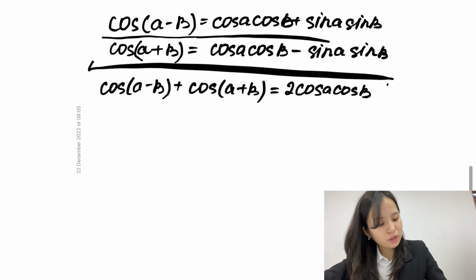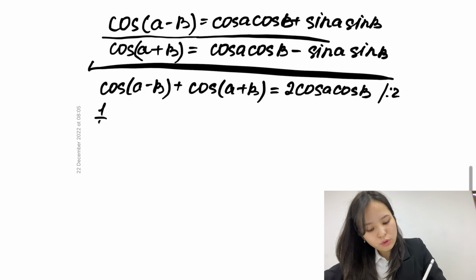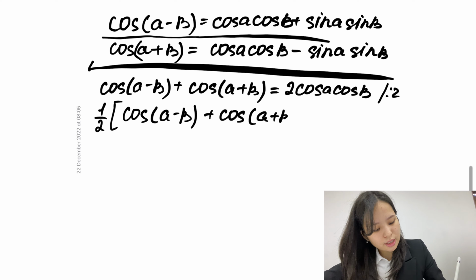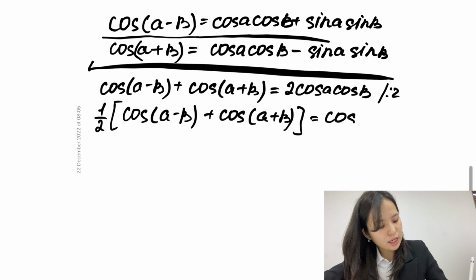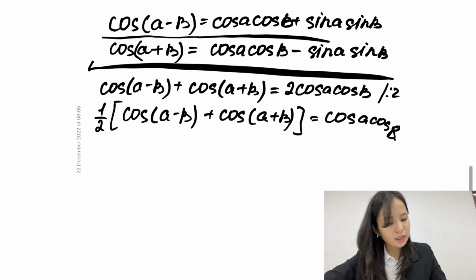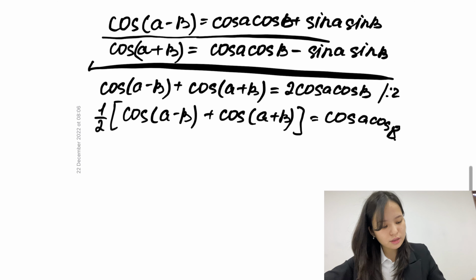It will be equal to 1 over 2 multiplied by cosine A minus B plus cosine A plus B, which is equal to cosine A cosine B. We proved this formula.